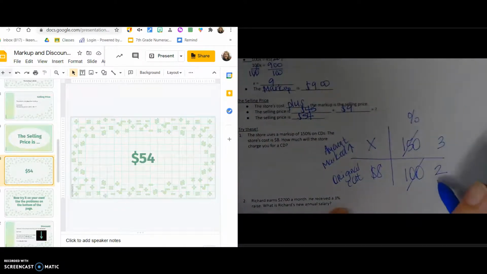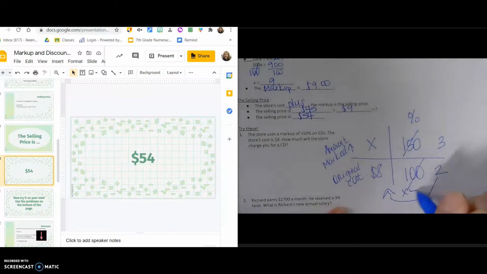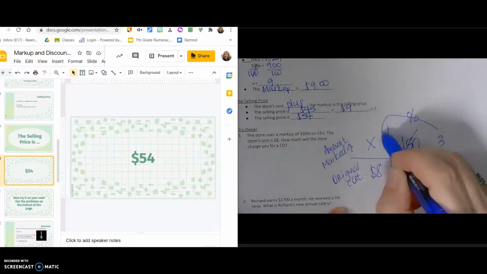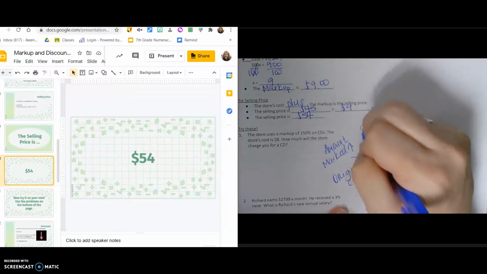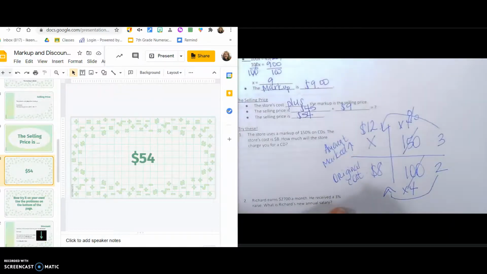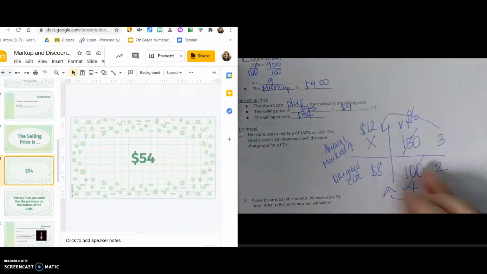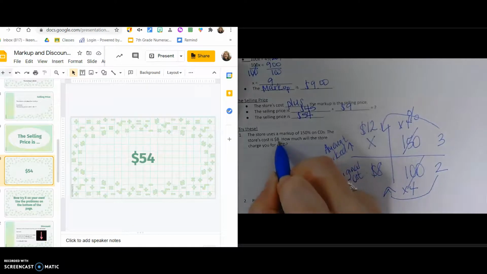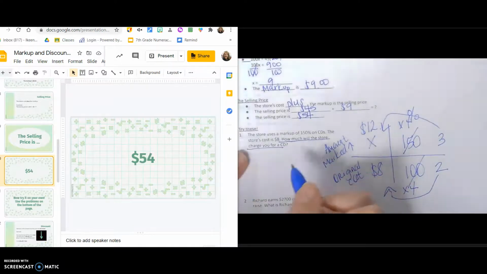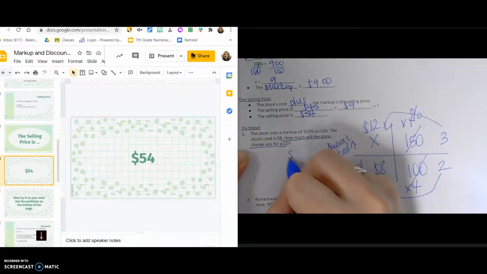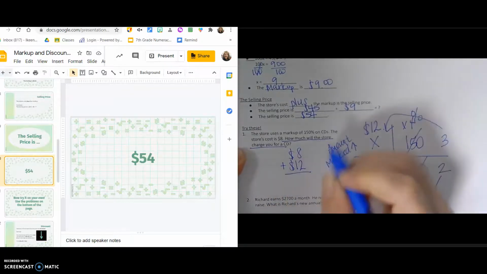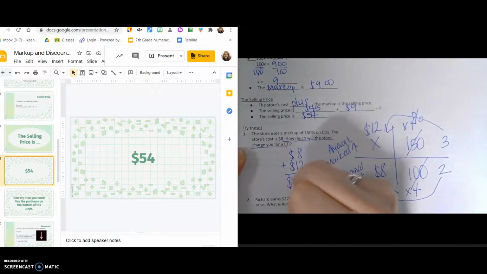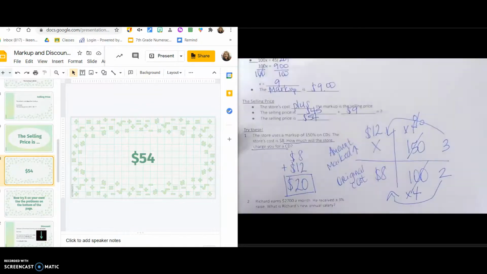So now I can see that 2 times 4 is going to give me 8. So 3 times 4 is going to give me 12. So the markup amount is $12. How much will the store charge you? Well, remember, the selling price is the $8 plus the markup, which was $12, and that means that the store is going to charge you $20.